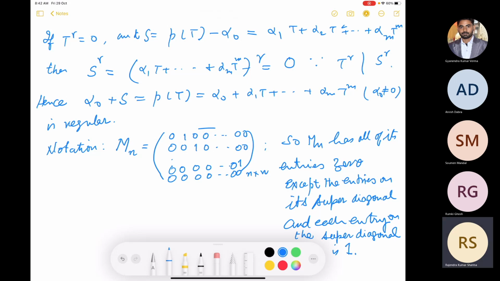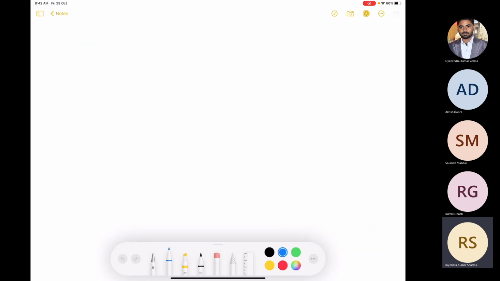So what we wish to prove is the following theorem about nilpotent linear transformations. Once again, let the dimension of V over F be finite and say this is n. All our discussions are for finite dimensional vector spaces.